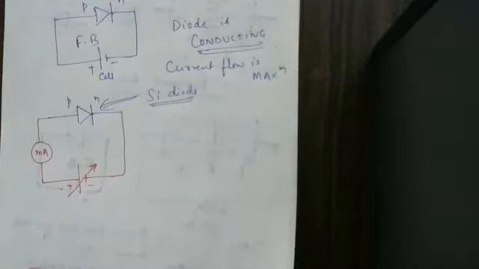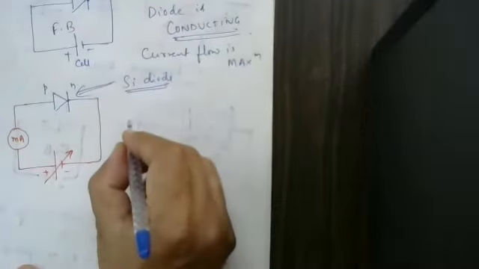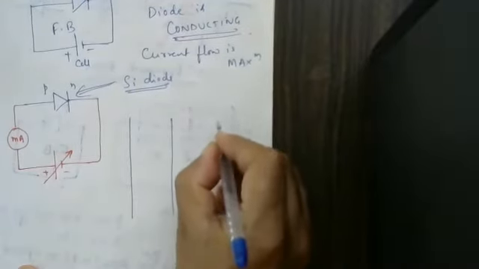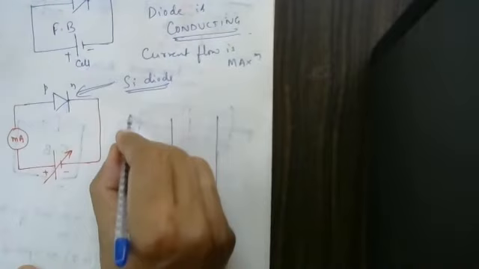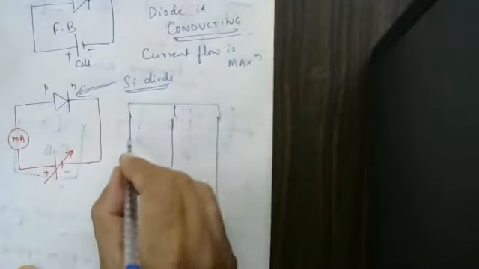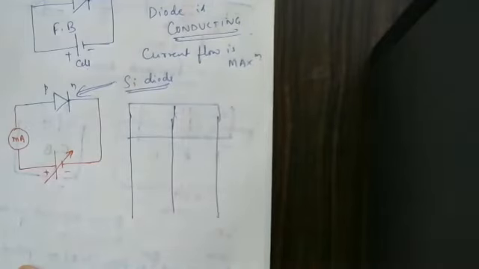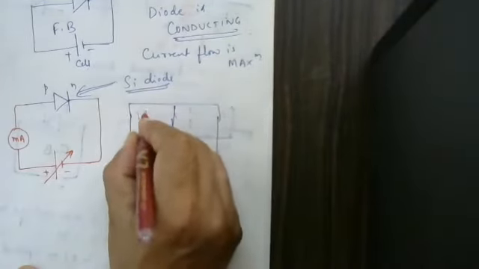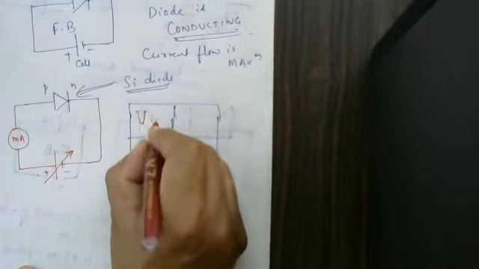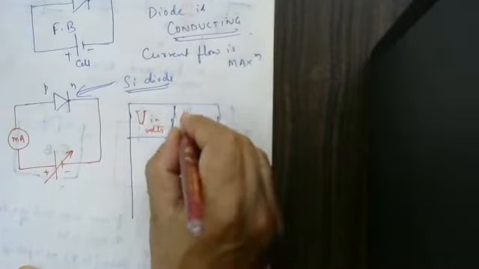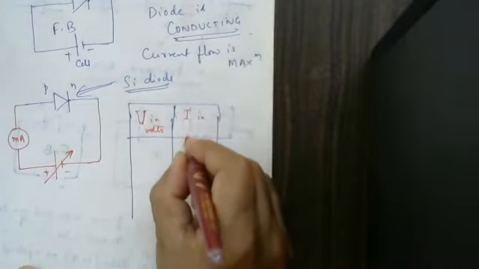Now we are asking you to make a tabular column like this. A tabular column we are supposed to write, and here you are supposed to plot it. This is voltage V in volts, and this is current I in milliamps.